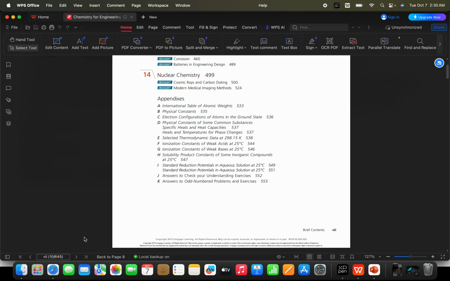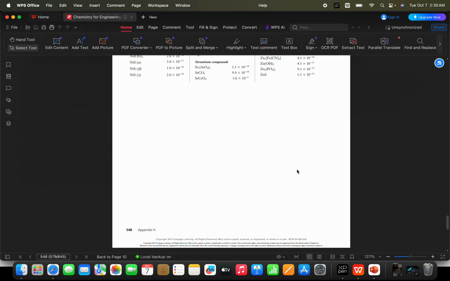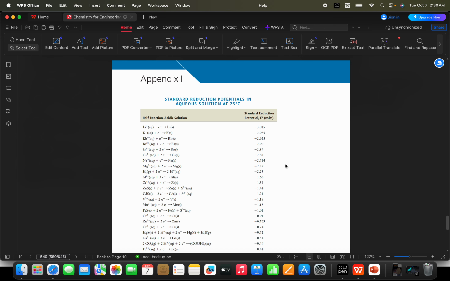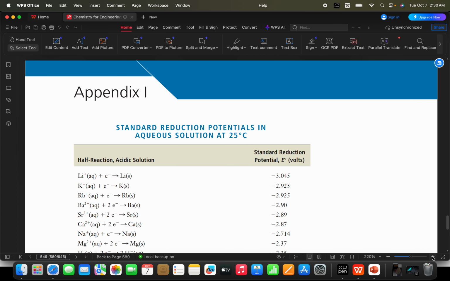So that's another thing to take note of. We're going to go to page 549, where we have the standard reduction potentials in aqueous solution at 25 degrees Celsius.